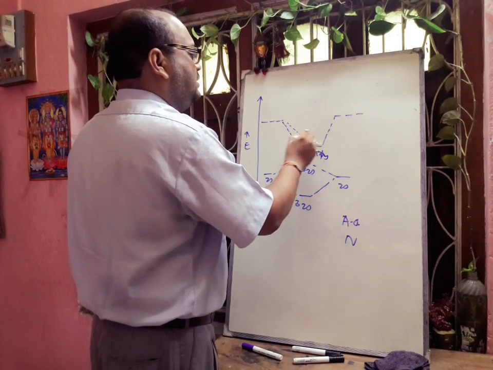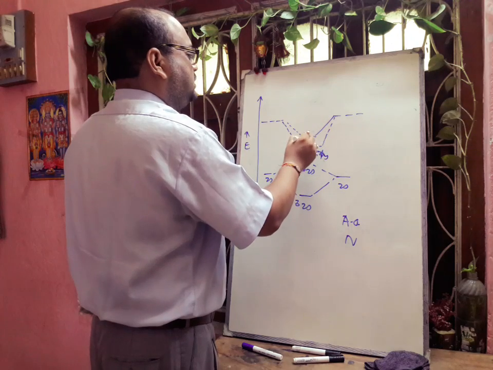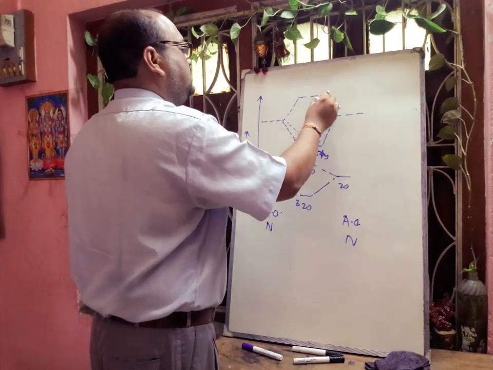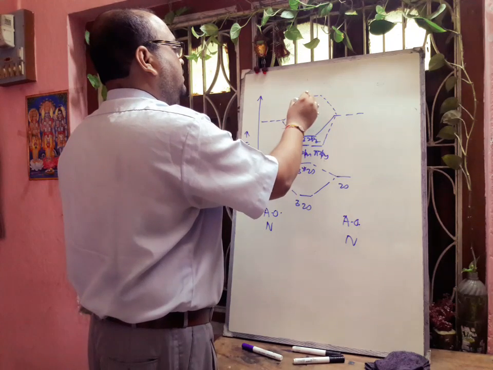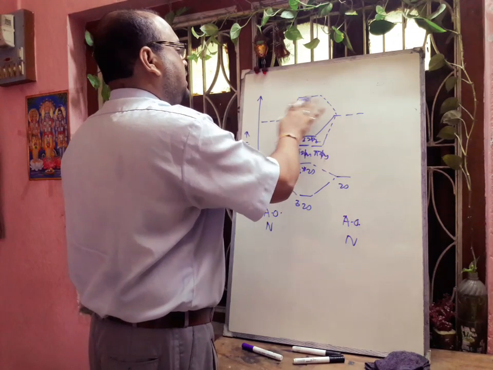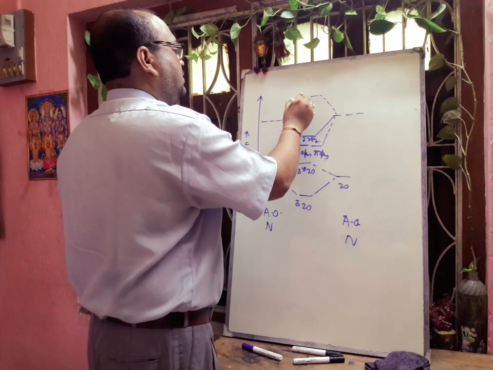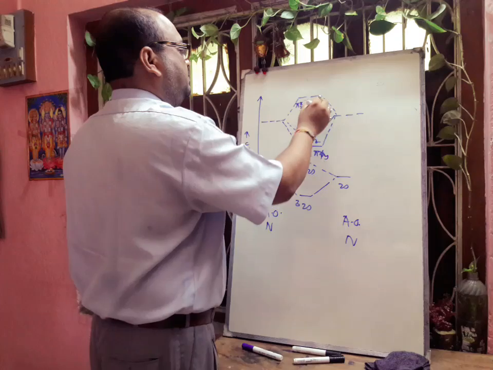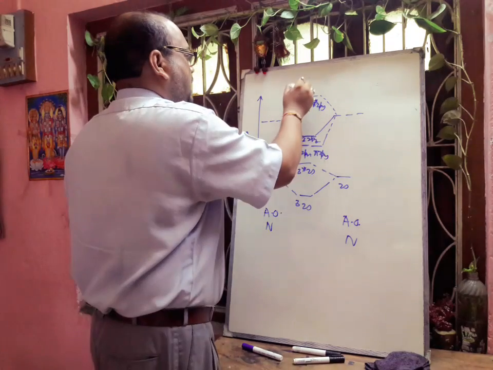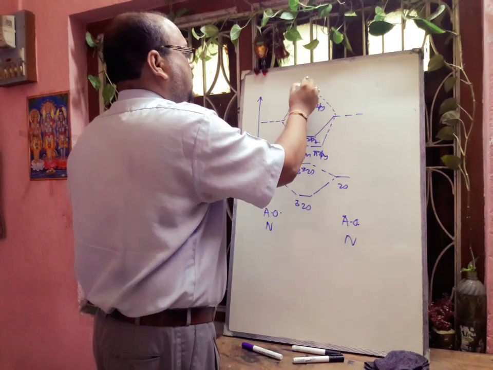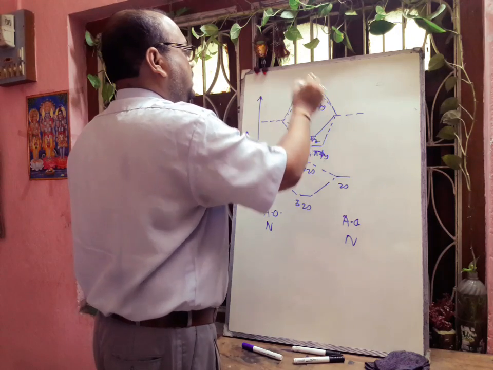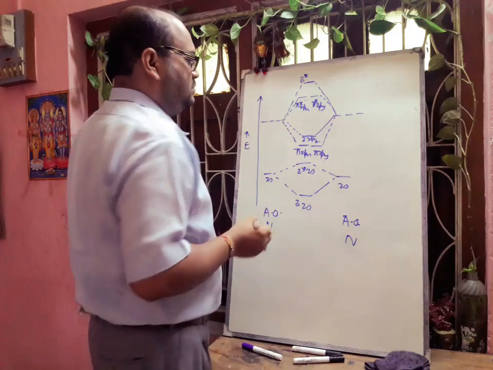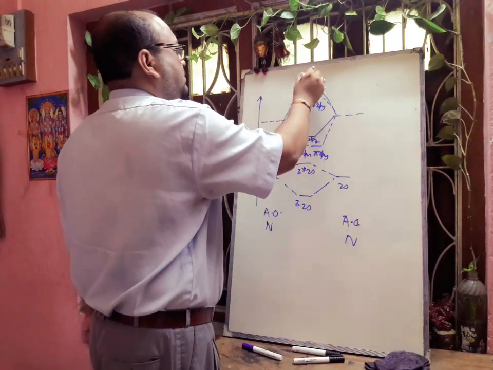And this one will be the sigma 2pz. Then there is pi star 2px and pi star 2py, and above this there will be another anti-bonding MO, the sigma star 2pz.